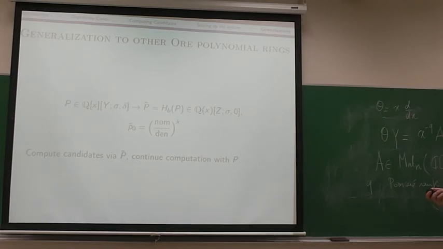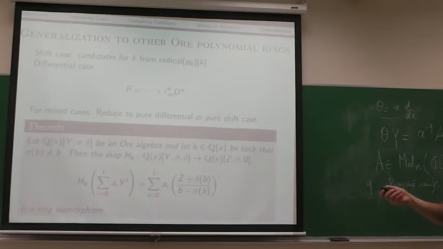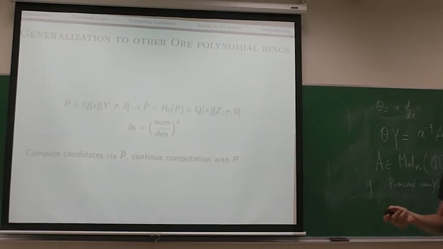So you can actually use both the numerator and denominator to get the candidates for k. So this is not a real problem. And then once you have the candidates, you can switch back to the original P before you apply this Hilbert twist reduction, because then you don't care anymore that you only need a shift or only need a derivation, because that's when you set up the linear system.